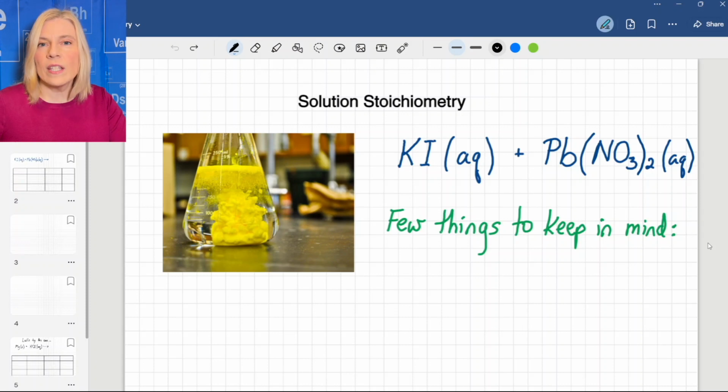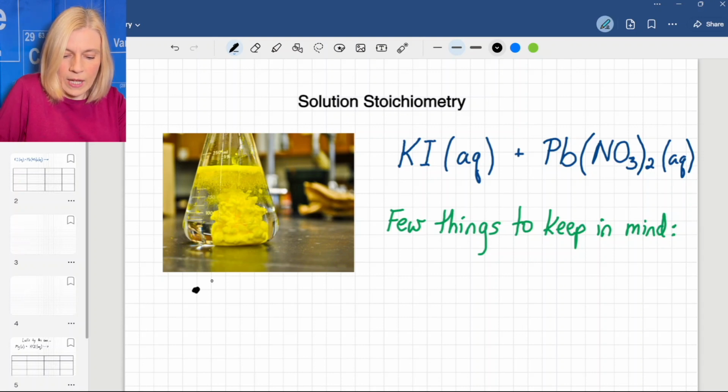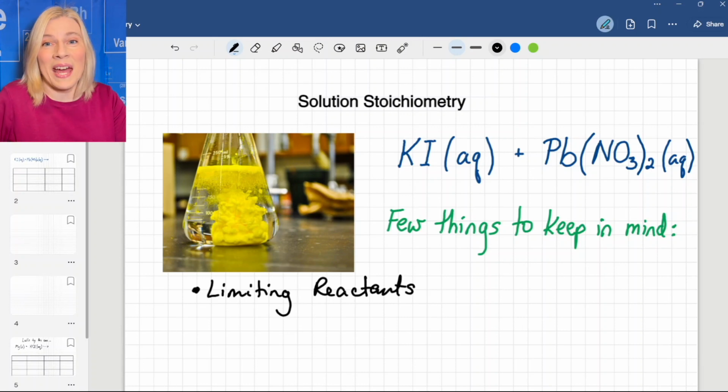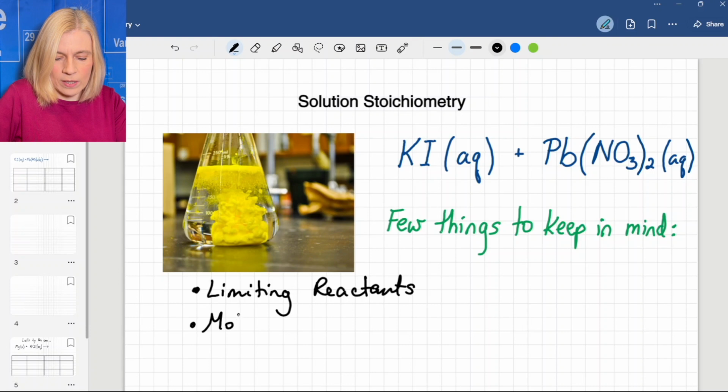And a few things to keep in mind. Let's write a few things. Number one, I hope you know limiting reactants. Yes, they are coming back and we will be using them today. And the second thing is our molarity calculations.